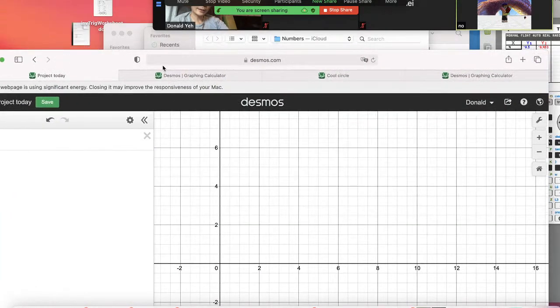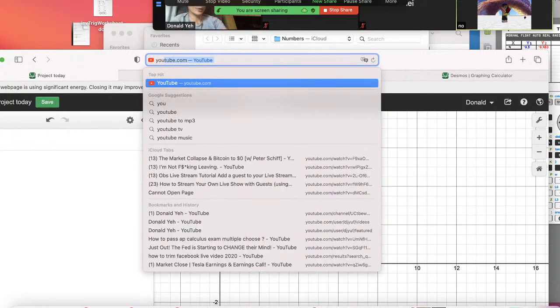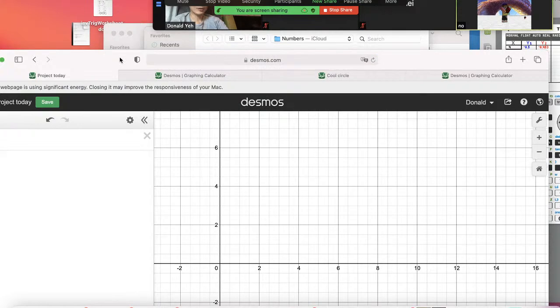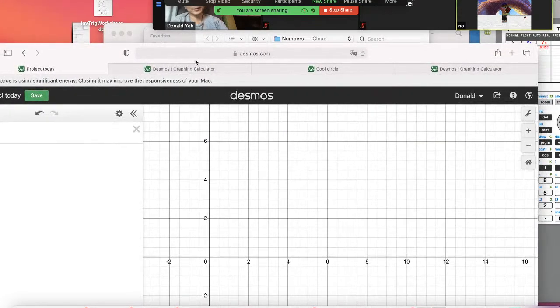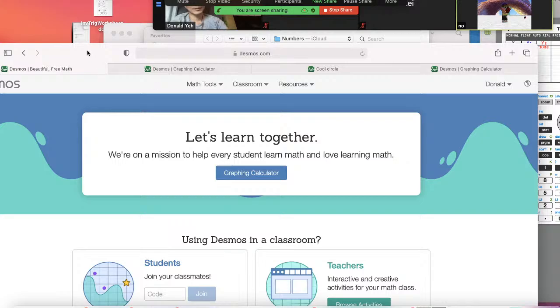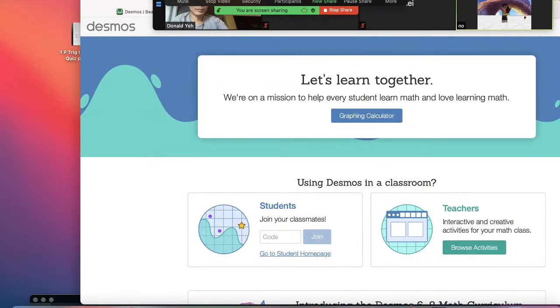Okay, so the idea I want you to be able to do is come up with some type of drawing ideas, and here we can see on Desmos. You're not supposed to copy other people's lines, but you can see other people's work. Here's what other people did. My bad.